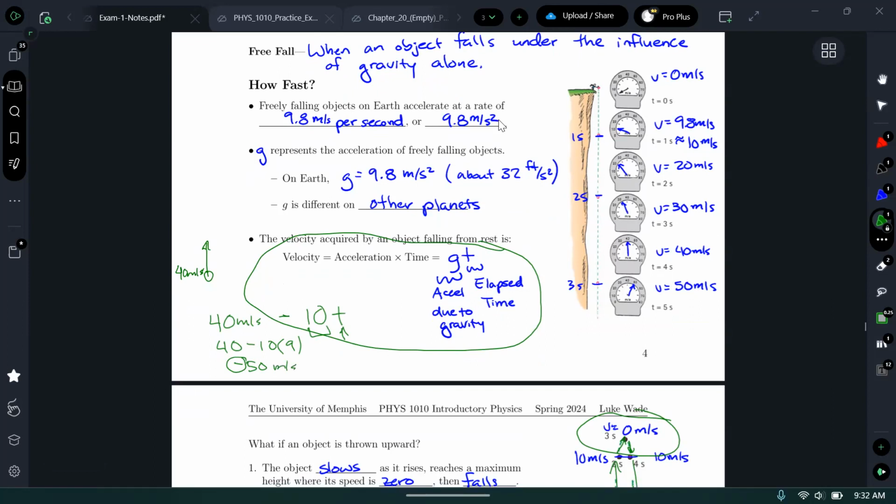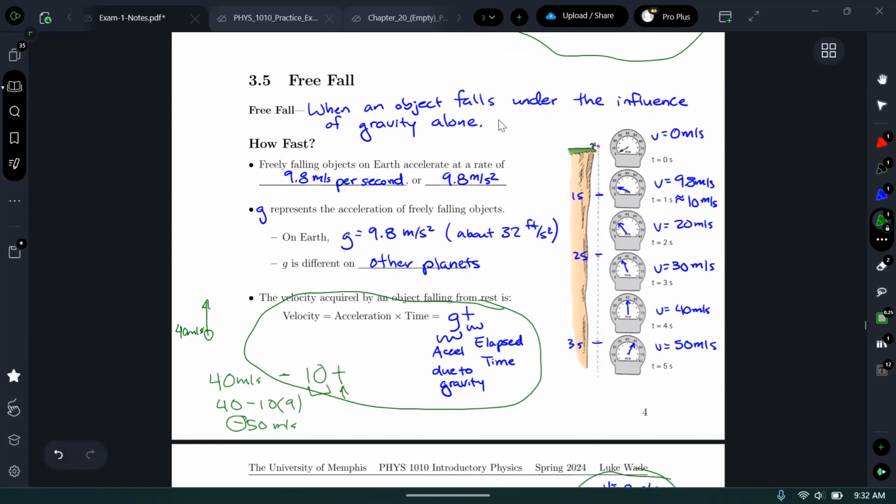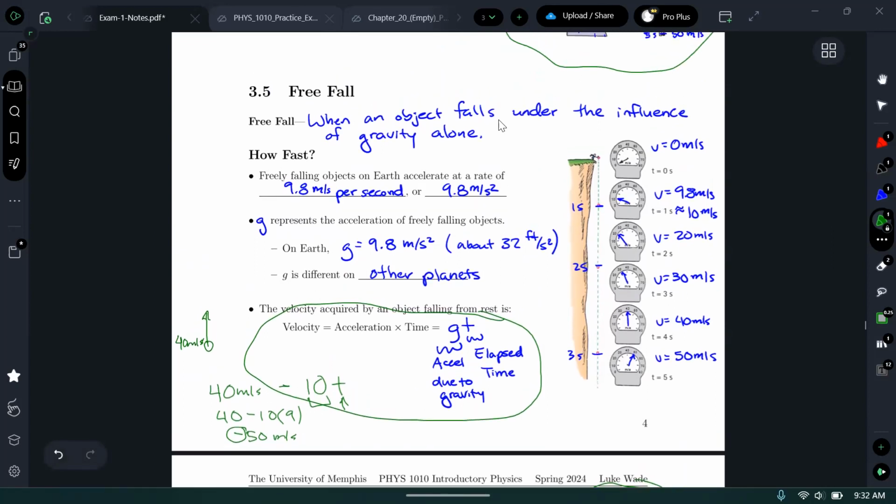That's one way. The other way is count off the seconds one by one and think about this a little bit more physically. So after 1 second has passed, how fast is this ball going upward? Because it would still be going upward after 1 second. Be 30. So 30, that's after 1 second.